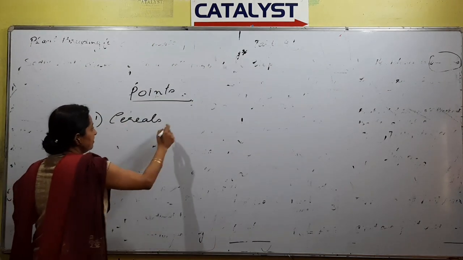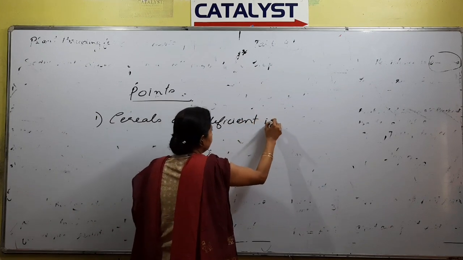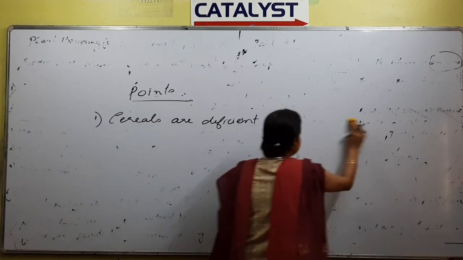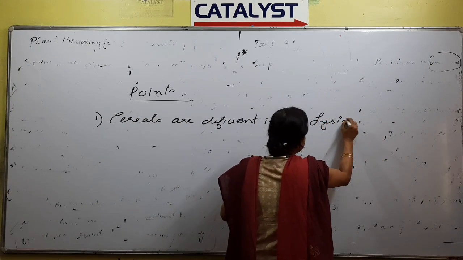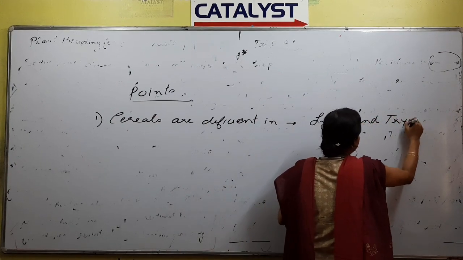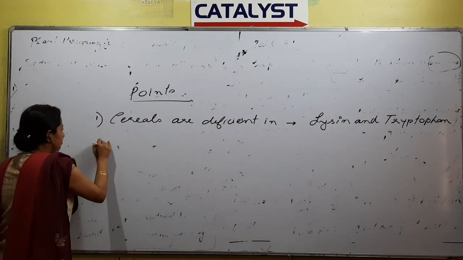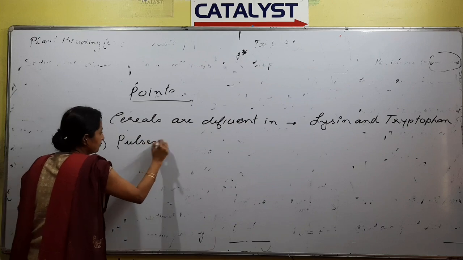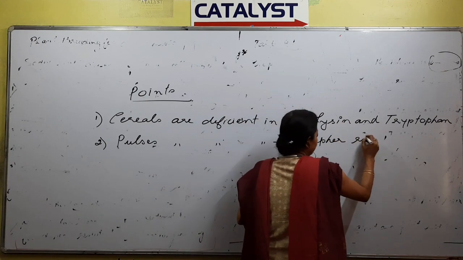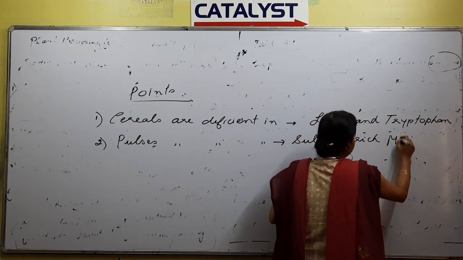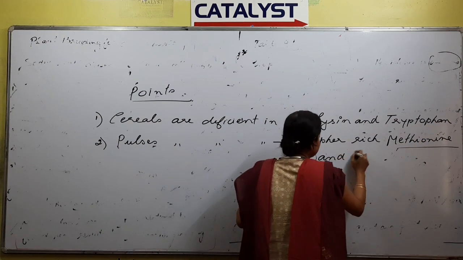Next point: cereals are deficient in lysine and tryptophan. And pulses are deficient in sulfur-rich methionine and cysteine.